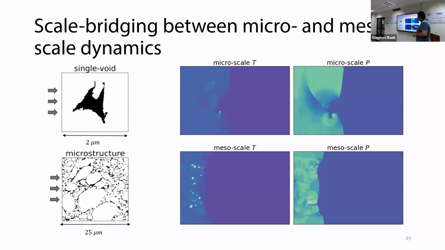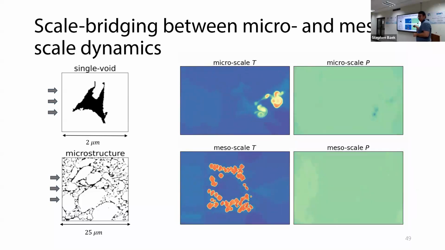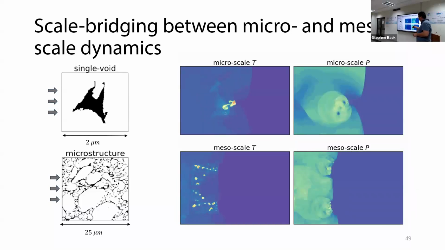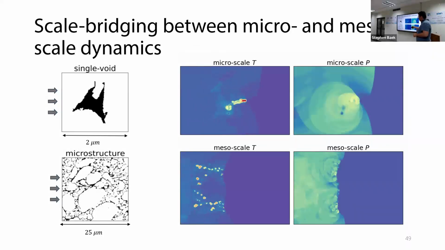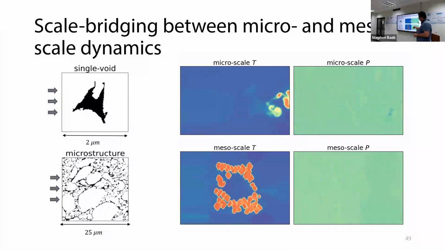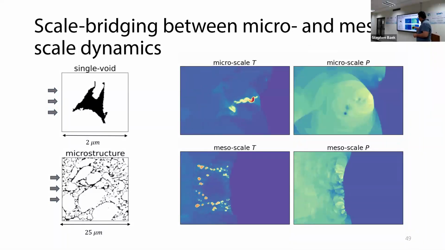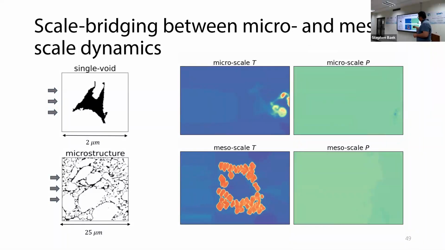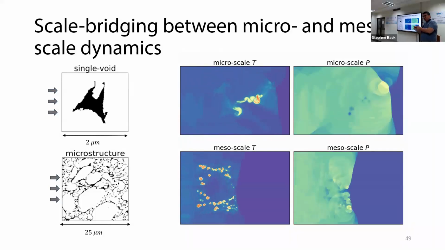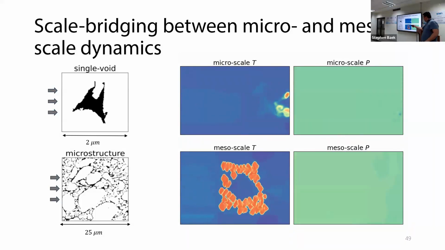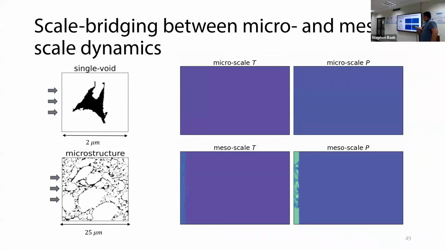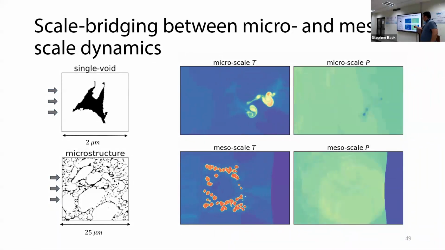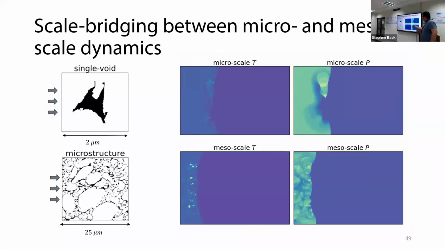So we can afford a large number of single void simulations, relatively speaking, whereas the large scale simulations are way more expensive. If we wanted to predict the large scale simulation with a small number of samples, then training a neural network is going to be pretty sophisticated.